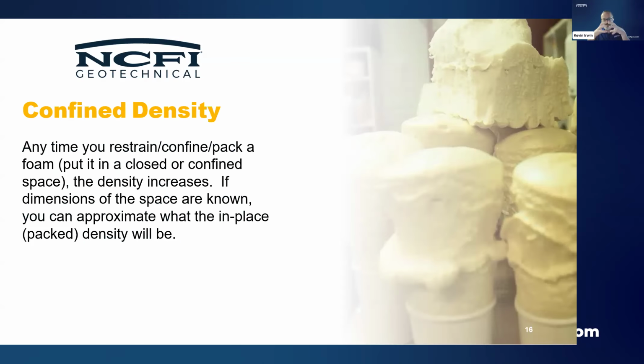But then as it starts to expand and hits the confines of whatever it's in, so if it's in the ground or under a slab or whatever, it tries to expand and it can't. And so there's bubbles being created inside the foam as the chemical reaction occurs. And so those bubbles tend to start to get smaller. The foam becomes more dense as it builds density and builds pressure in order to either fill void or lift.